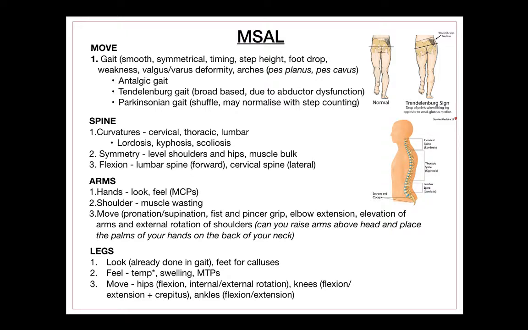Then you want to be feeling for temperature, swelling, and the MTPs at the ankle for any tenderness. And then movement, you're doing hips, knees, ankles, so think of it going downwards. The last thing is looking at the feet for any calluses, which might suggest an abnormality of gait.